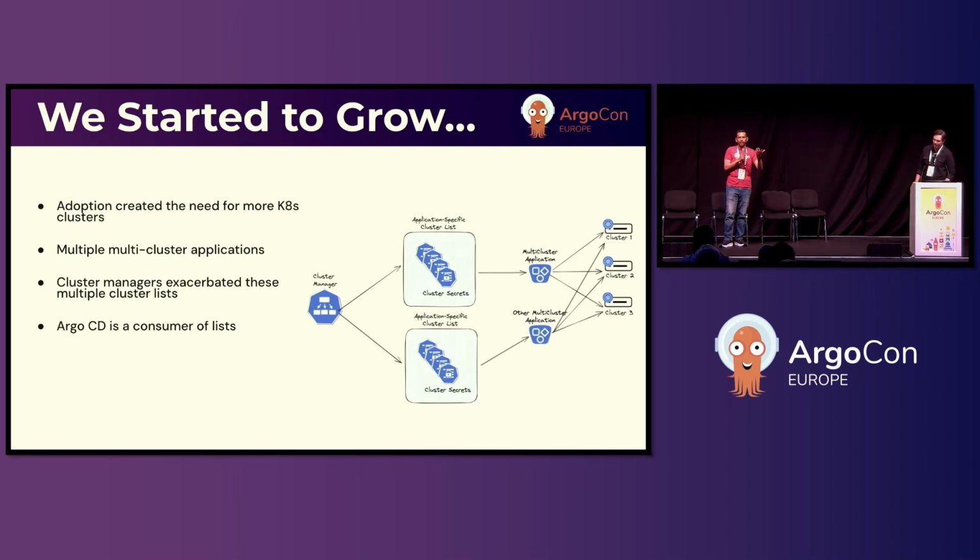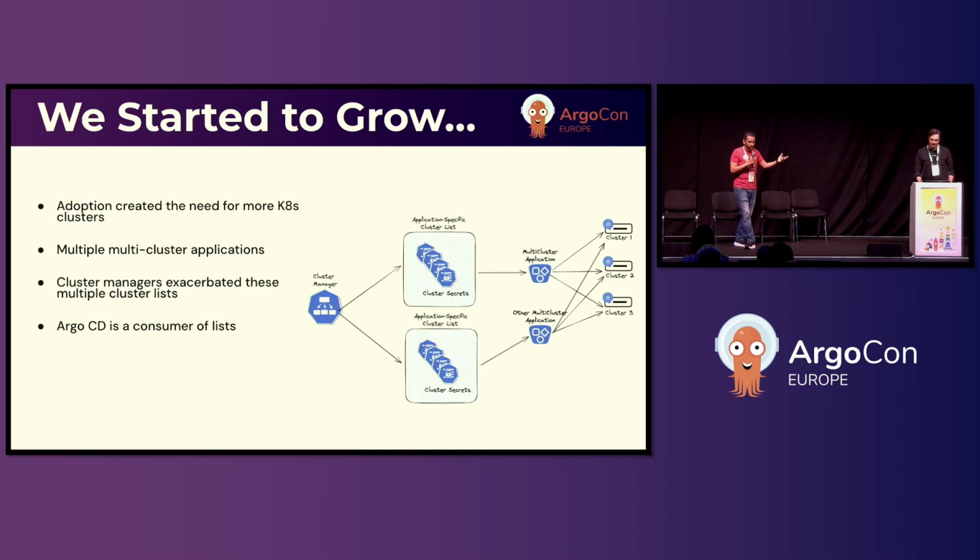There was kOps, really early on. But now we had the idea of multi-cluster applications, so the problem started to compound itself, because now we have a cluster manager that has a list of its own, and we have other multi-cluster applications that also take that list and then create their own list, right?